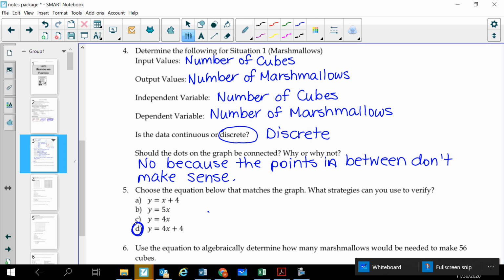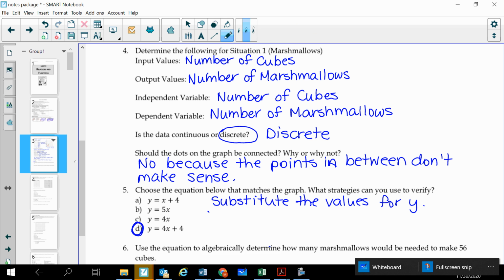So what strategies can we use to verify? Well, we can substitute the values for x and y.